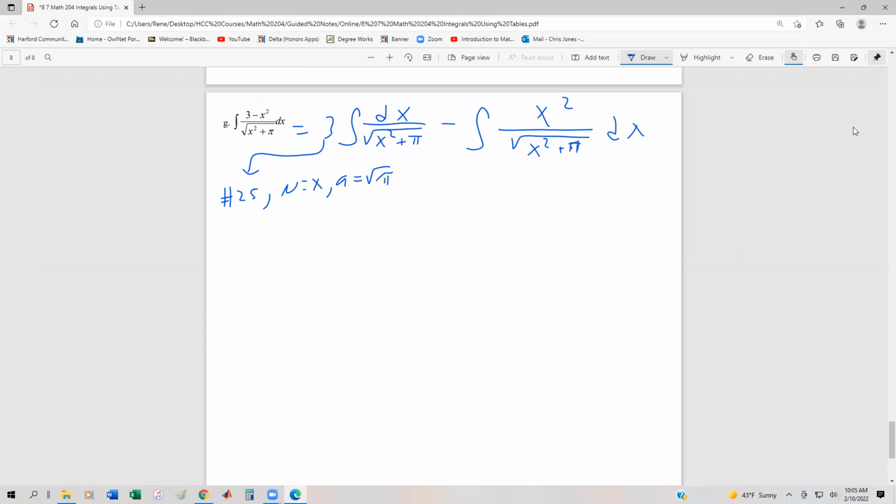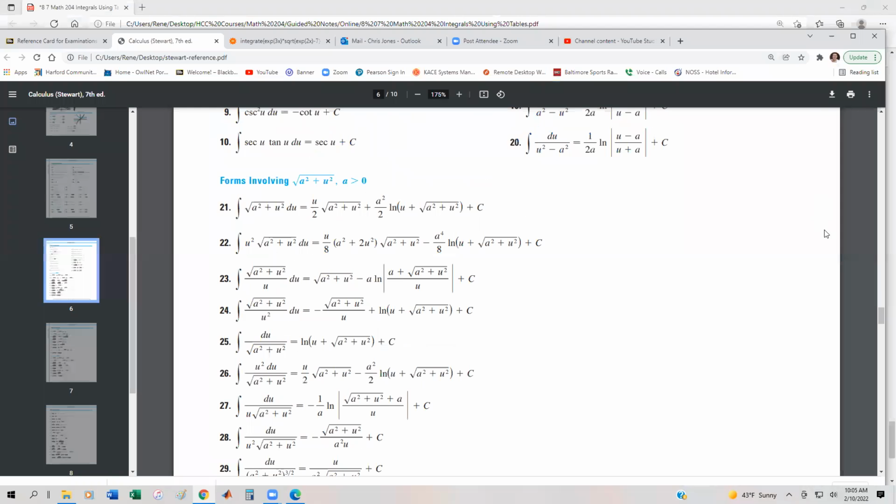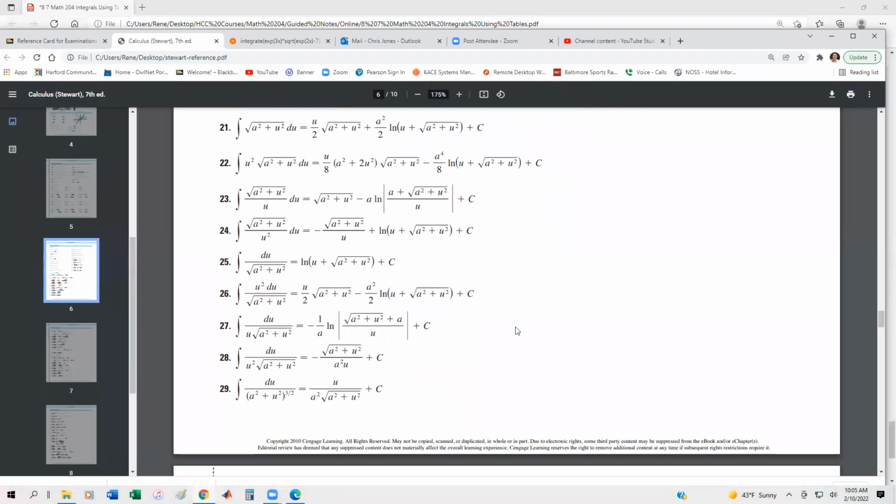Now, hopefully, there's something with x squared over root x squared plus pi, and it looks like right here that we have it. So with this one, a is again the square root of pi, u is x.